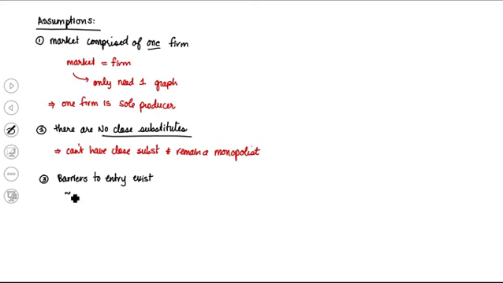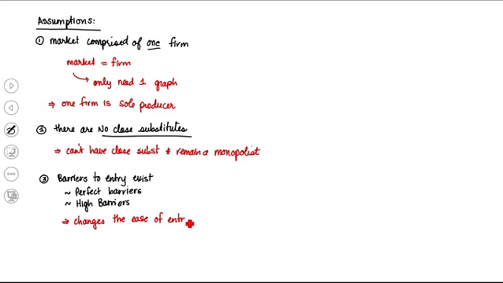And sometimes you might see this called perfect barriers, or you might see it referred to as high barriers. But there are barriers to entry that exist. So make sure you remember what happens when we have barriers to entry. It changes the ease of entry.